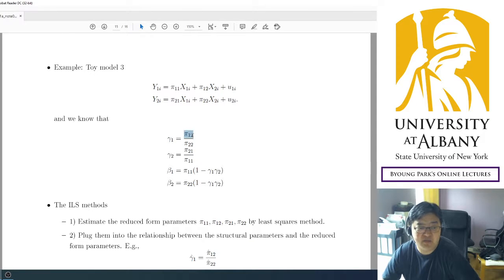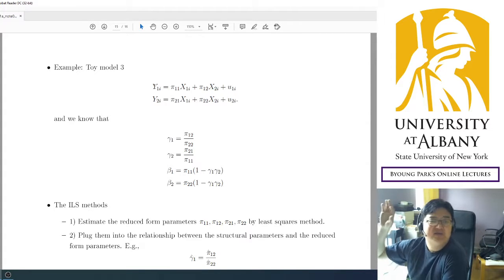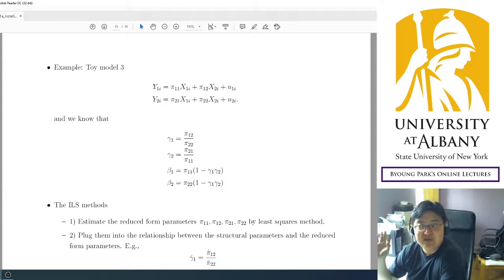So you estimate pi 12, pi 22, then take their ratio, which could be an estimator for gamma 1. This is the indirect least squares. It is called indirect because your least squares method is applied not directly to the structural parameters, but indirectly to the reduced form parameters.